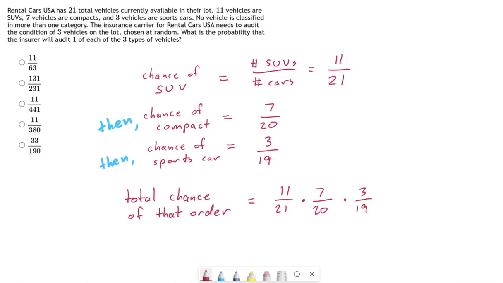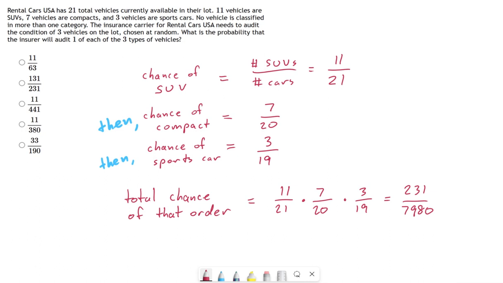Okay, so let me just grab a calculator here, do a little math. This is going to be 11 times 7 times 3, which is 231 divided by something kind of big, 7,980.